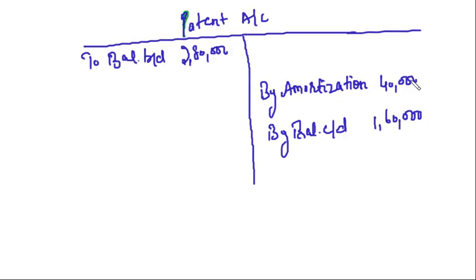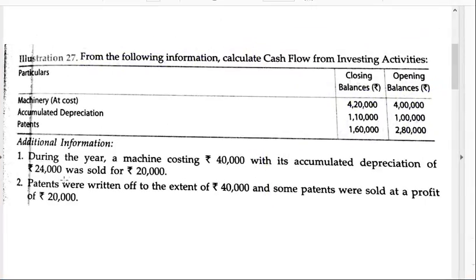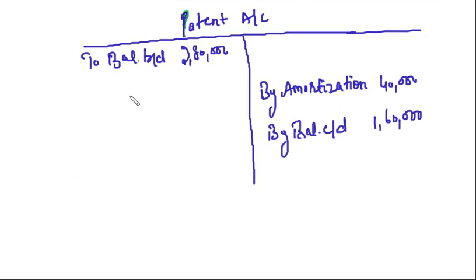Clear? So 40,000. What else is the information given? We are given that we have sold some patents at a profit of 20,000. We are given the profit, but we are not given the sale value. Let's see how we do it. So we can say to gain, 20,000.